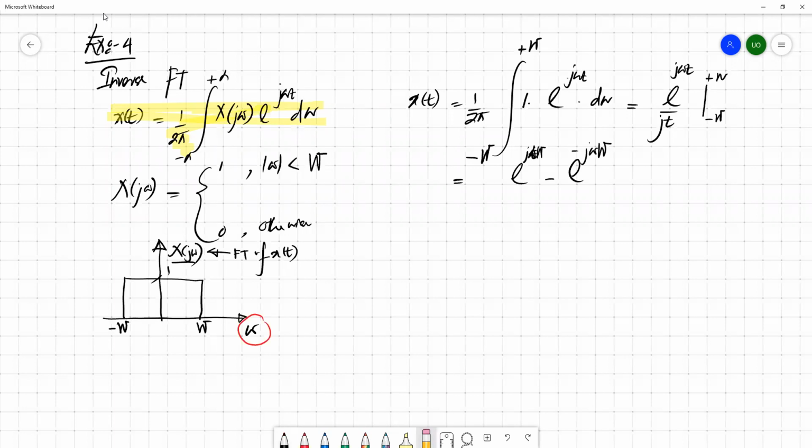Integrating with respect to omega, this gives e to the power jtW divided by jt.